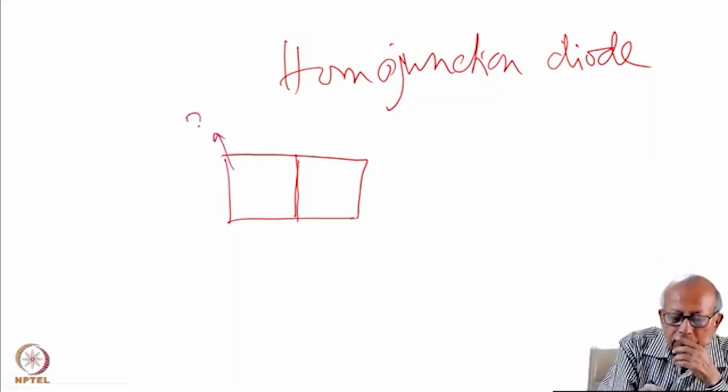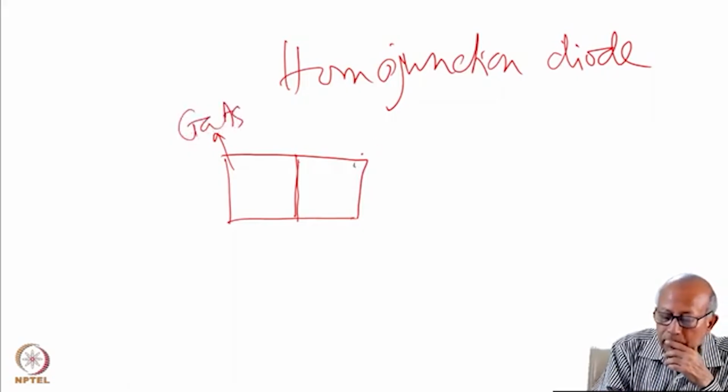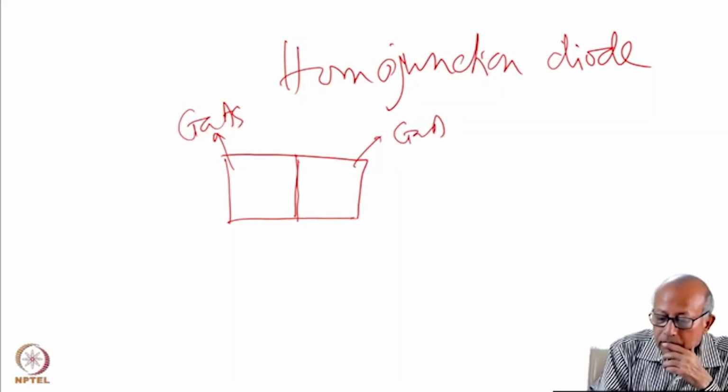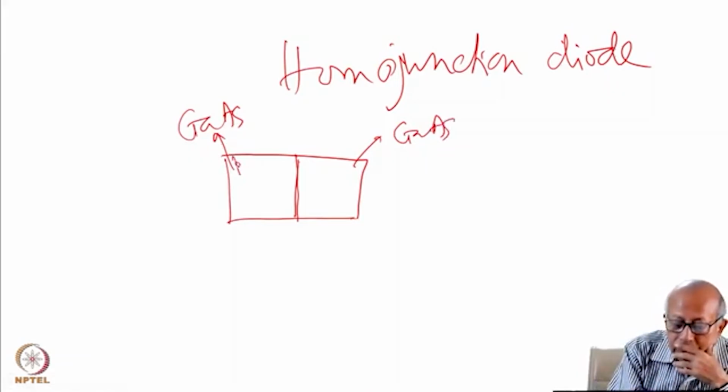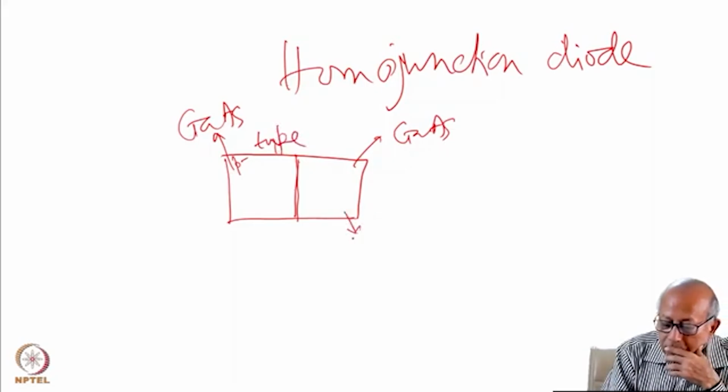Say both are gallium arsenide. This is also gallium arsenide. And suppose this side has been doped in such a way that it is P type and this is N type.